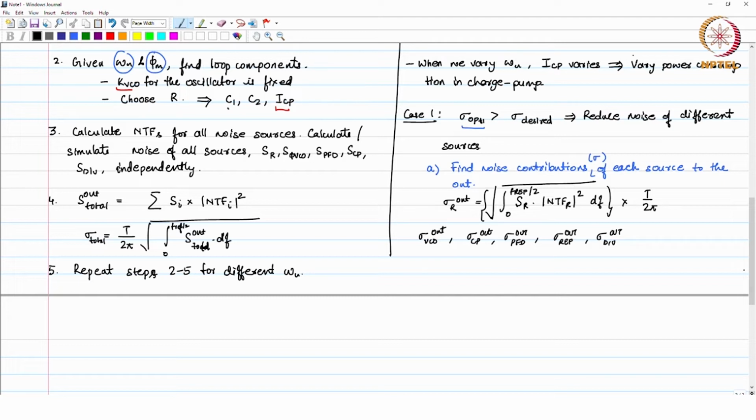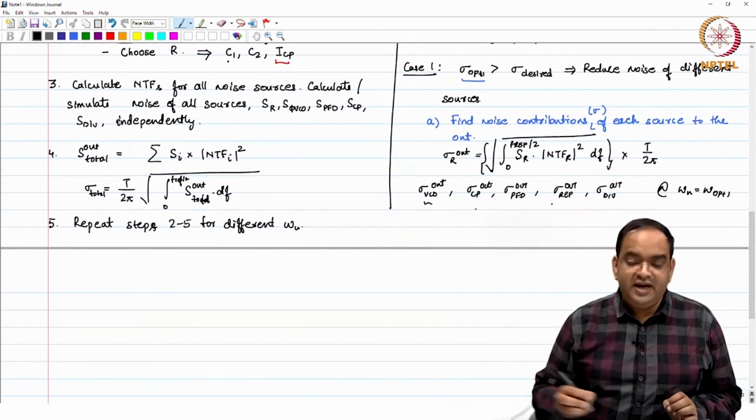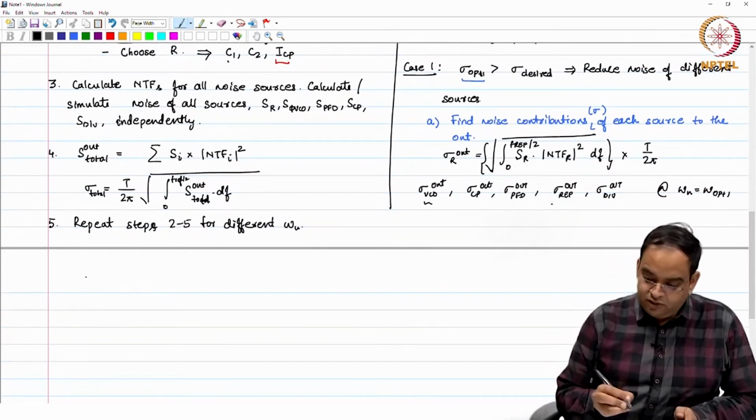If resistor noise dominates, then there is no point in addressing the noise in the VCO. So, we are going to find all these jitter contributions independently at omega u equal to omega opt 1.